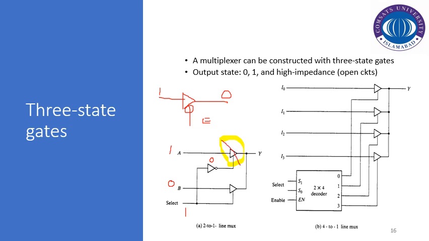This gate acts as an open circuit, so A is not moved to Y. Whereas this gate gets the high enable here, and whatever the value of B is, that is moved to the output. So in this case, Y equals B, which equals 0. So we can also implement multiplexers by use of tri-state gates.